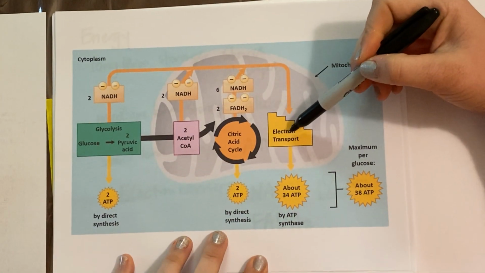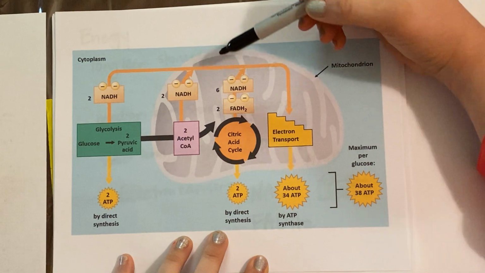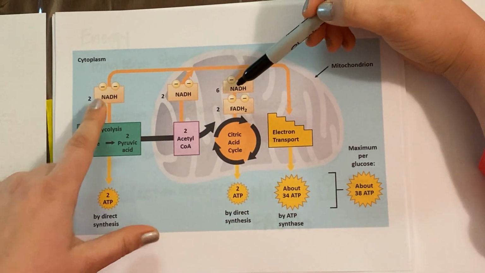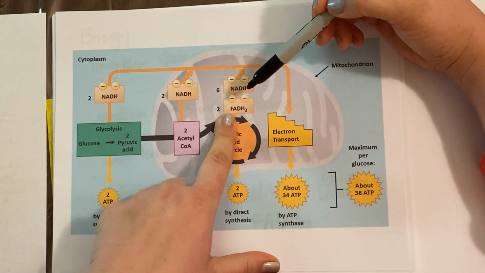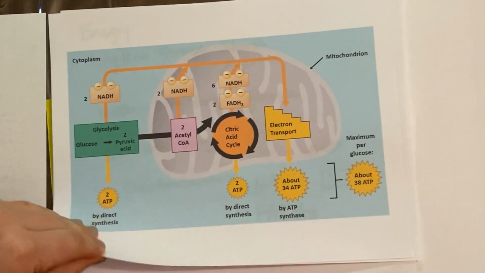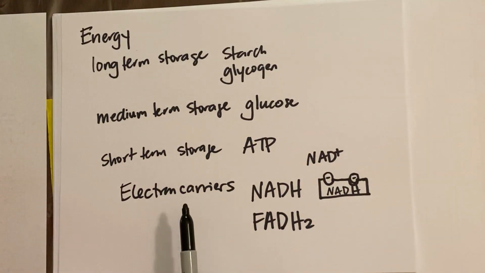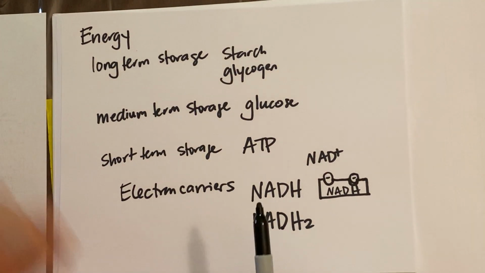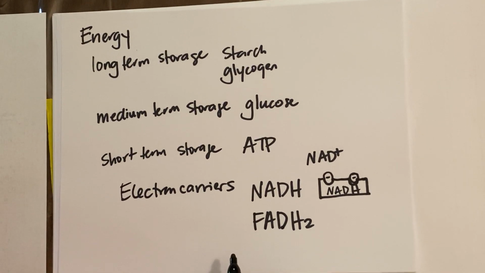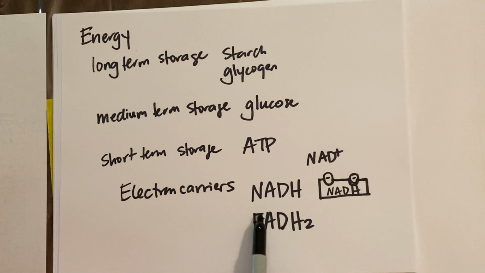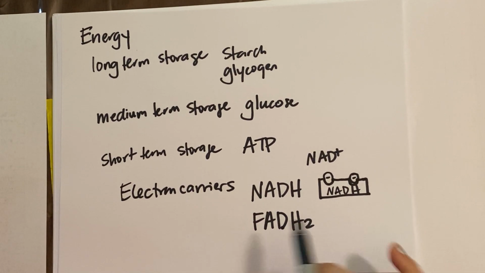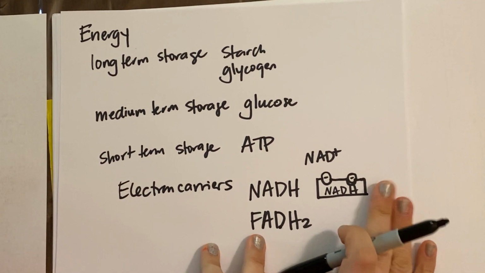Okay, and it's called the electron transport chain, so it has to deal with electrons. So NADH, FADH2, these are electron carriers. Okay, so just important when you see them. When we talk about photosynthesis, I will mention one other name that has a similar kind of, it's actually called NADPH, but it's the same function. They carry electrons.